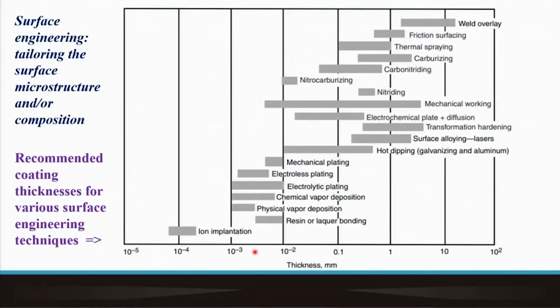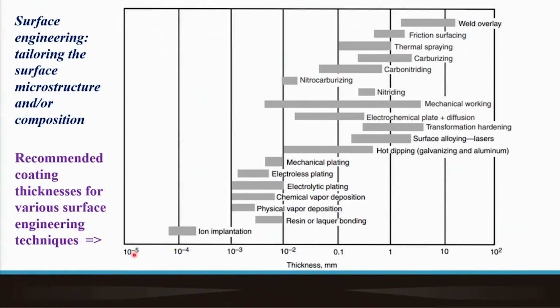So one very important point that we have to understand: I told you that surface engineering is meant for modifying the surface microstructure and/or composition for a very limited thickness. And generally we make a diplomatic statement, we say near surface region. Now what is that near surface region? Near surface region could be as thin as close to a nanometer.